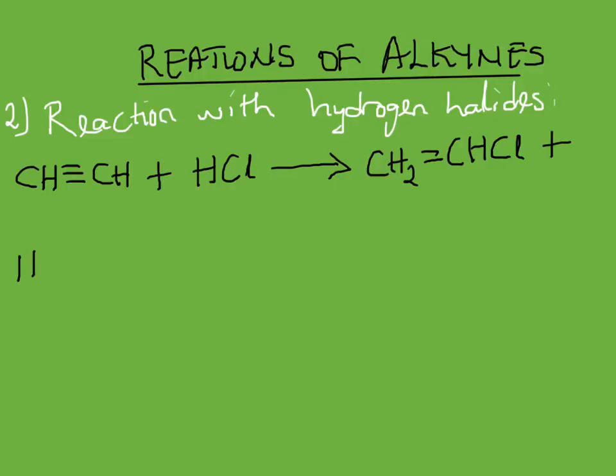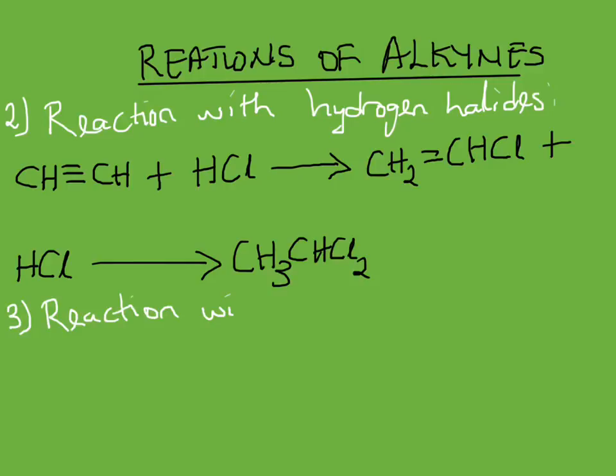Chloroethane reacting with another molecule of hydrogen chloride, take a keen look at the first reaction there, is going to give us 1,1-dichloroethane, indicating that from the second step of the reaction, whereby chloroethane reacts with a molecule of hydrogen chloride, the hydrogen atom attaches itself to the carbon atom having 2 hydrogen atoms, and the chloride ion attaches itself to the carbon atom having 1 hydrogen atom.